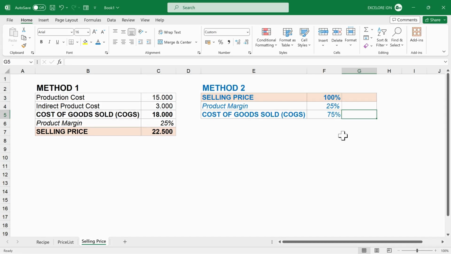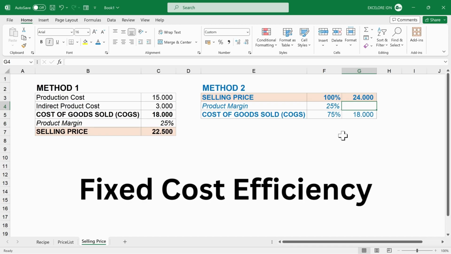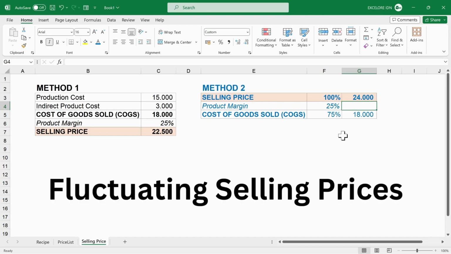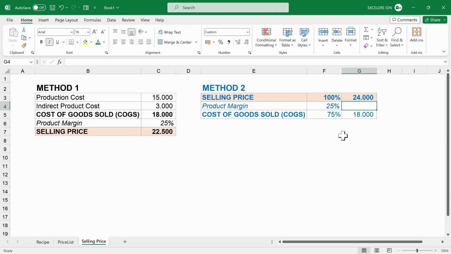Given that the COGS amounts to 18,000, the selling price can be calculated by dividing the COGS by 75%, resulting in a selling price of fried rice of 24,000 per portion. This second method is beneficial for businesses focusing on fixed cost efficiency or those facing fluctuating selling prices. Which method to be applied will depend on your business type and strategy.